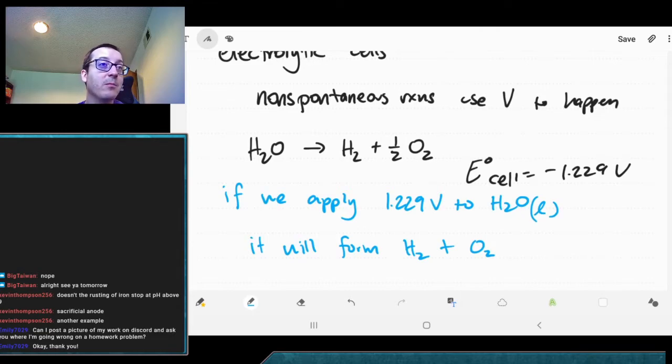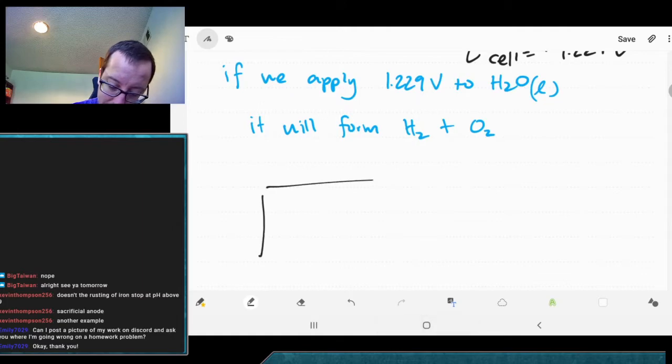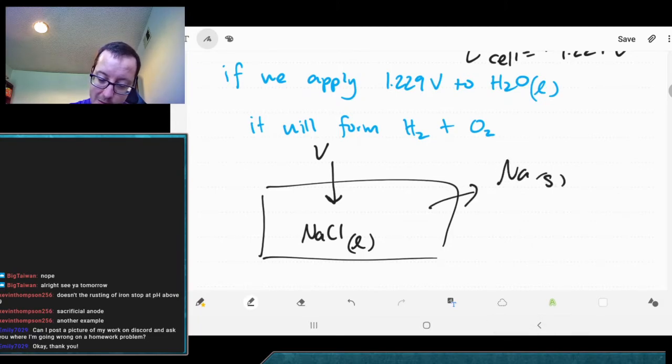Another common thing to do with electrolytic cells is you can form other elements as well. So for example, if you have sodium chloride liquid, so you've melted your sodium chloride, you can apply a voltage, and what you'll get out is sodium metal and chlorine gas as a result.